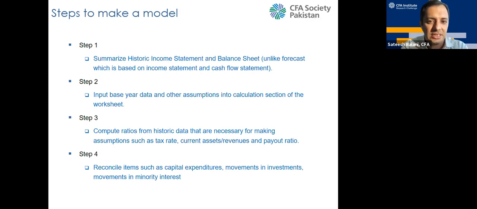For example, if the economy is booming, the construction sector does very well, the auto sector does very well, and the pharma sector is not impacted by the macro environment, barring currency depreciation, because most of the raw material of the pharmaceutical business is imported, in Pakistan at least. These are the kind of factors that you need to understand and analyze based on history.